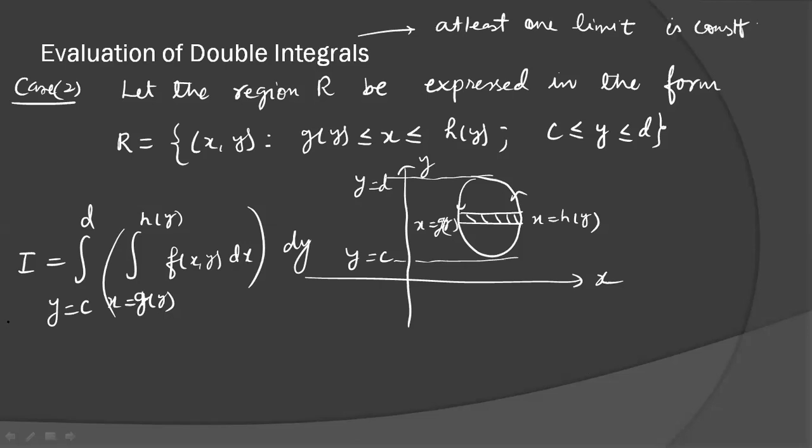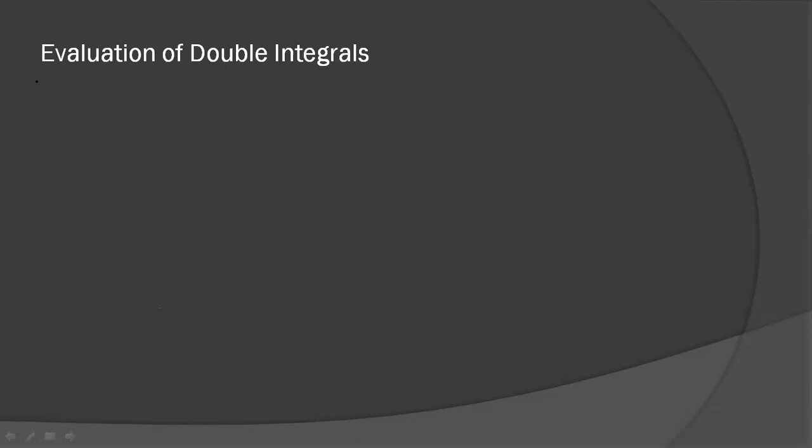Both can be constant. Let's see. We have already seen in case 1 and case 2 when x is constant and y is constant, meaning one limit is constant. Let's see another case, case 3, when both the limits are constant.